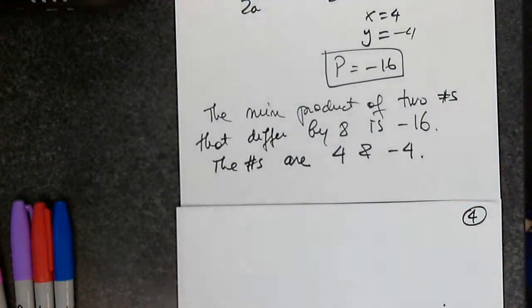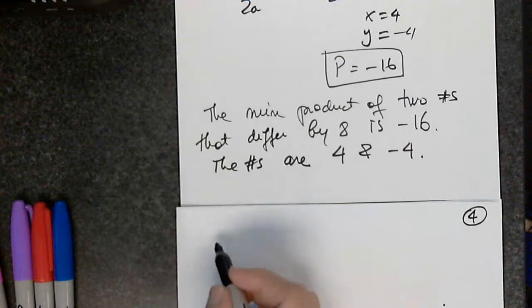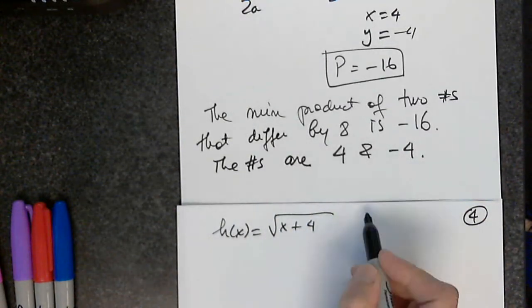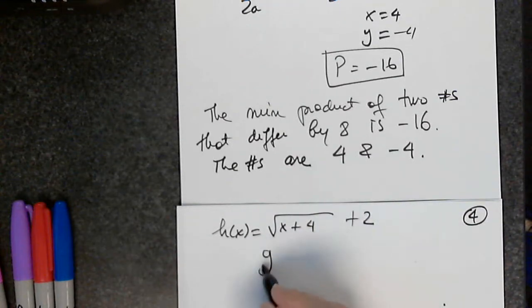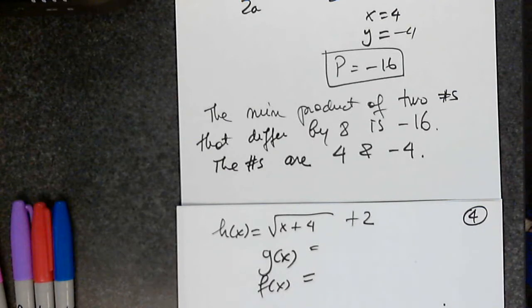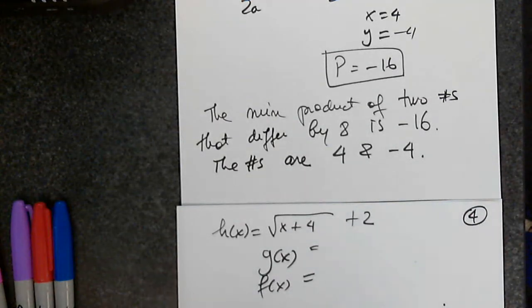Chris, is this okay? Yeah. We are decomposing h of x, which is the square root of x plus 4, plus 2. We want an inner function and we want an outer function. Can anyone give us an inner function? Very good. You said x plus 4? Perfect.